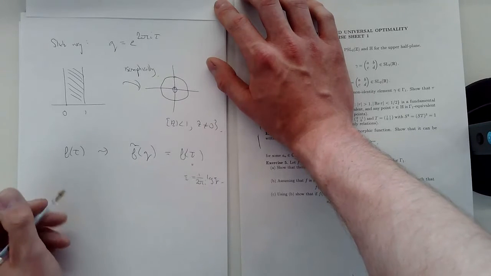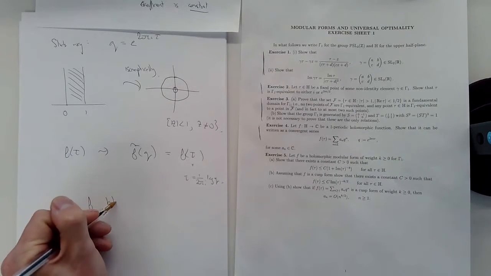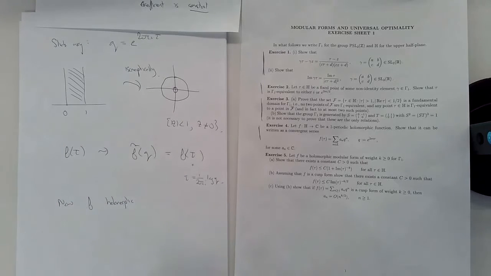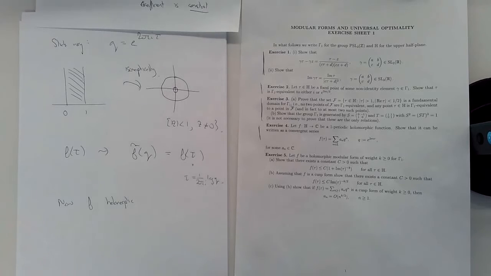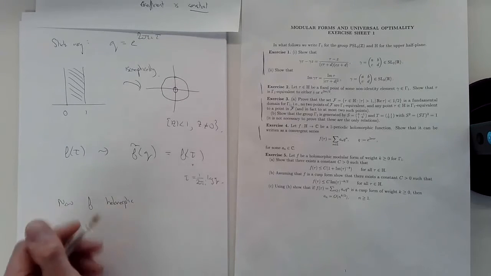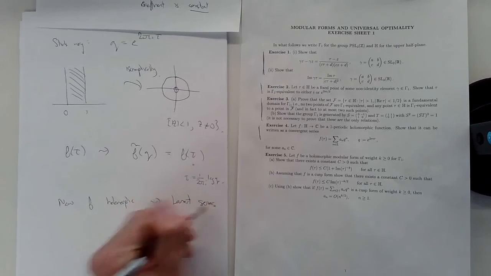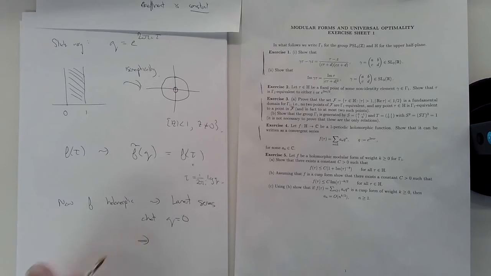So now the point is, f holomorphic on the upper half plane means that in this picture, the function should have a Laurent series about the point 0, which then immediately gives the Fourier expansion.